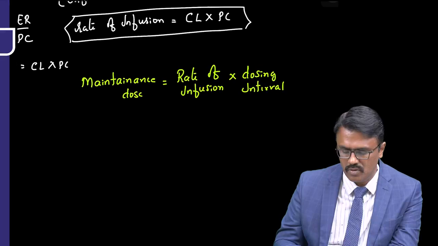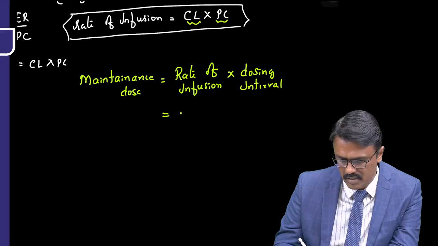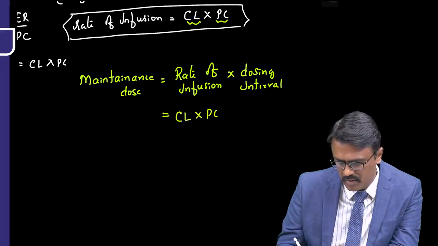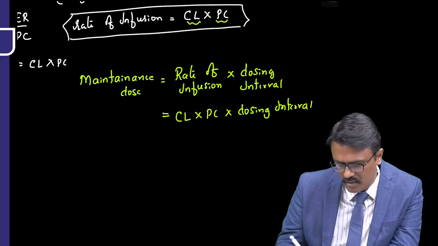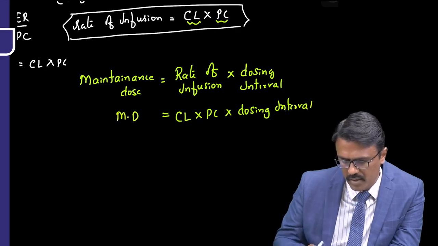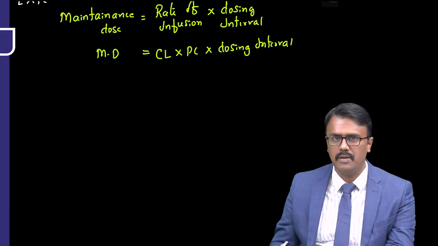So that is maintenance dose. What is rate of infusion? Can I replace this with clearance and plasma concentration? Yes. It is clearance into plasma concentration into dosing interval. And that is what we mean by maintenance dose.